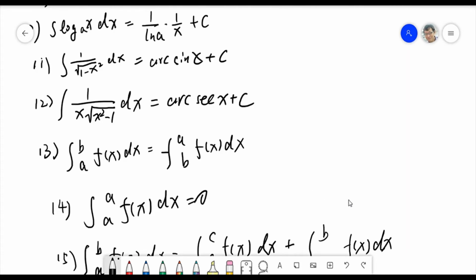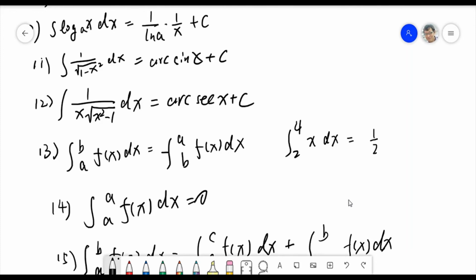So let's give a short example. If this is 2 to 4 of x dx, the easiest one.